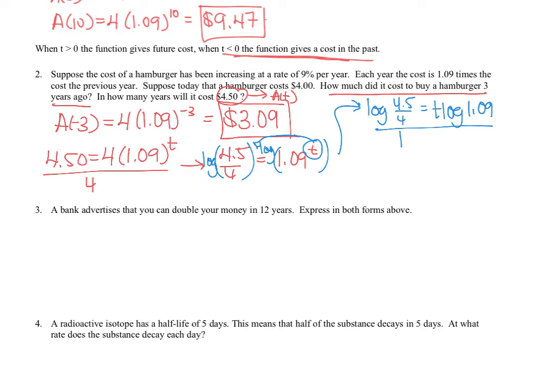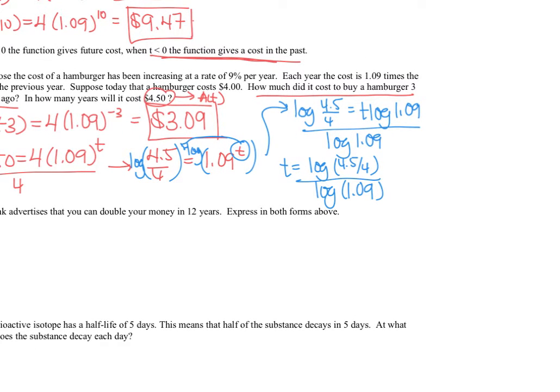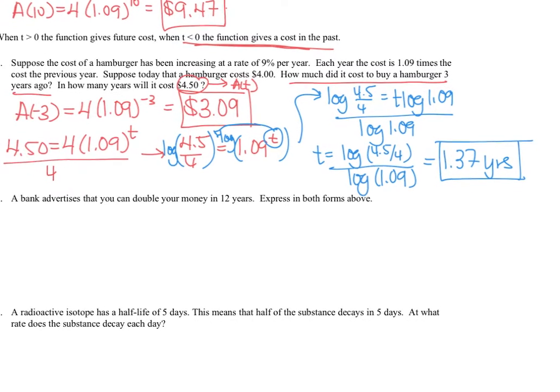So now I can divide by log of 1.09, and my calculator ready answer is the log of 4.5 over 4 divided by the log of 1.09. So I want to see that calculator ready answer before you plug it into the calculator, and we'll just round to the hundredths. So in 1.37 years, it will cost $4.50.